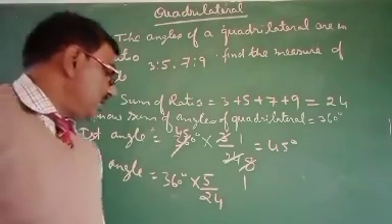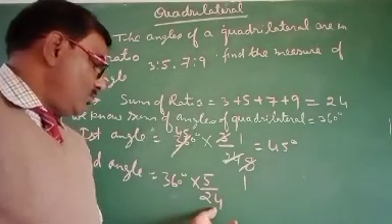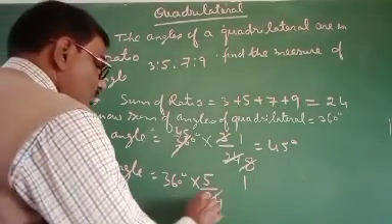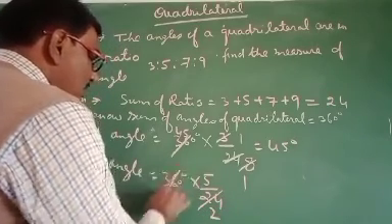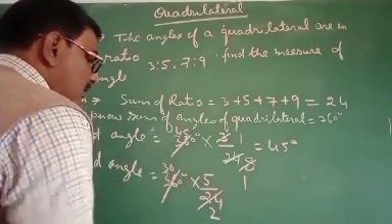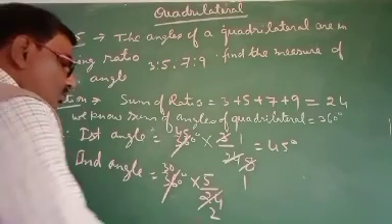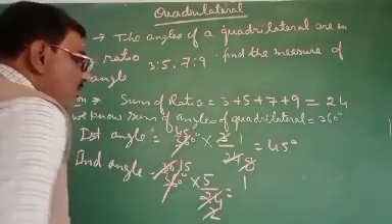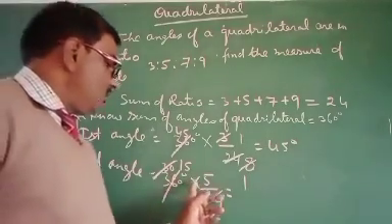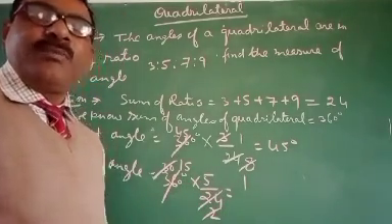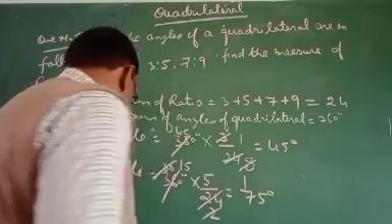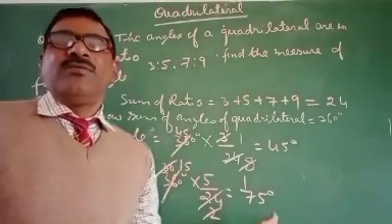Now I will divide 360 by 24, which gives 15. Now 15 multiplied by 5 is 75. Therefore the second angle will be 75 degree.